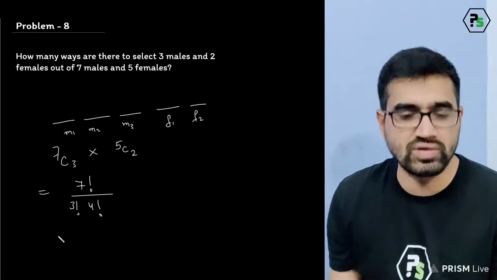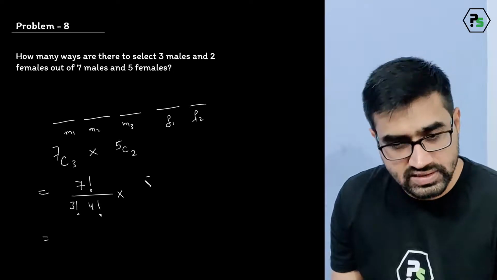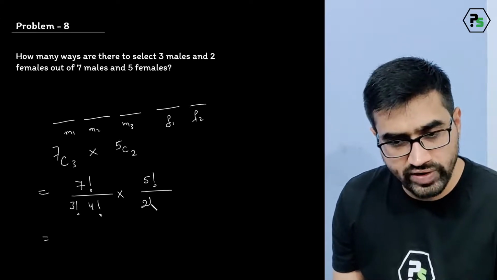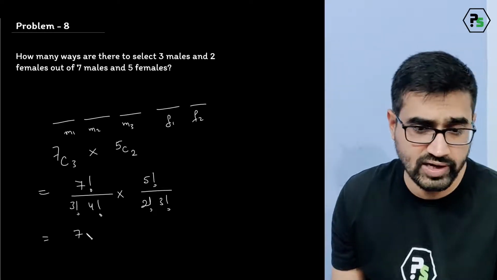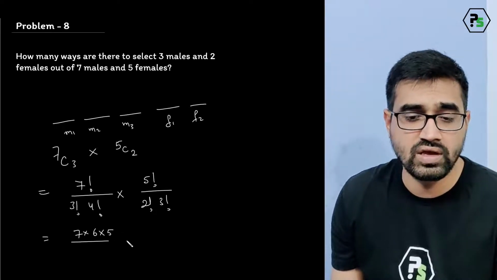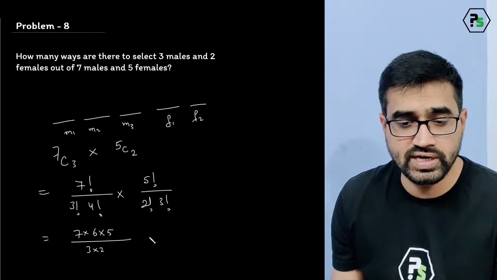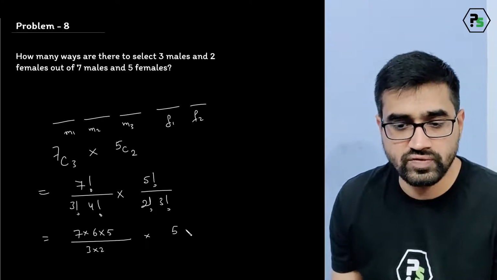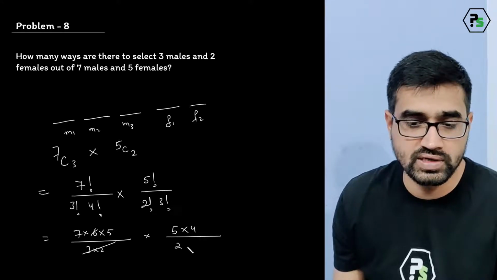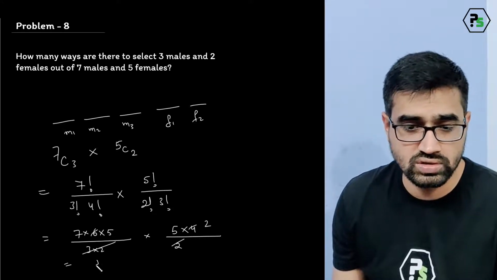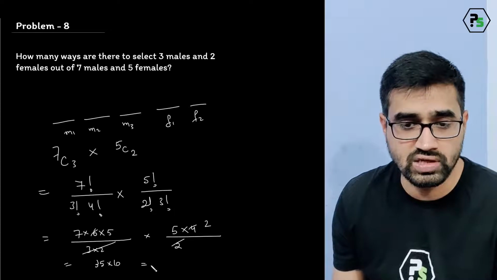And this is 5 factorial divided by 2 factorial times 3 factorial. Just expand it to the maximum value. So 7 times 6 times 5, and I'm not writing it, over 3 times 2, and this is 5 times 4. 3 factorial will go away, and 2. So 6 will cancel this. So 35 times 10. So 350 ways.